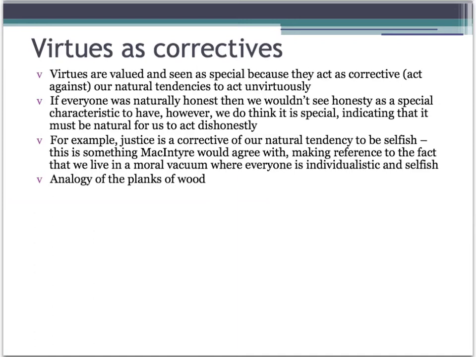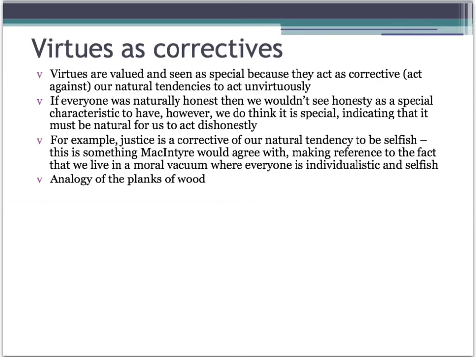And you could also include here the analogy of the planks of wood, whereby she says that virtues act like weights on the end of planks of wood. Because when planks of wood are kept outside, unless they're weighed down on both ends, the plank of wood will curl up, it will bow. And so they put weights on either end to make sure that doesn't happen. And that's what she says virtues are for us.